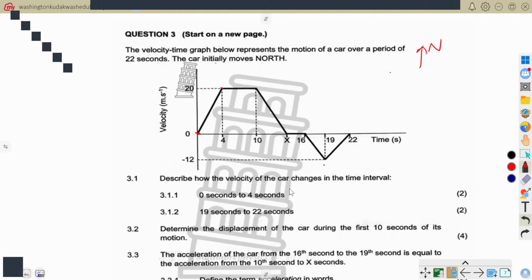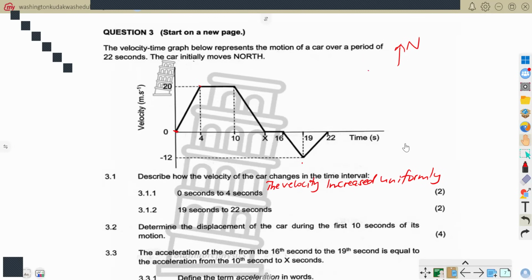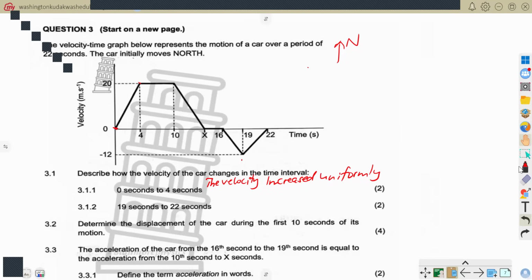So you would come here and say the velocity increased uniformly from 0 to 20 meters per second. That was from 0 to 4 seconds.